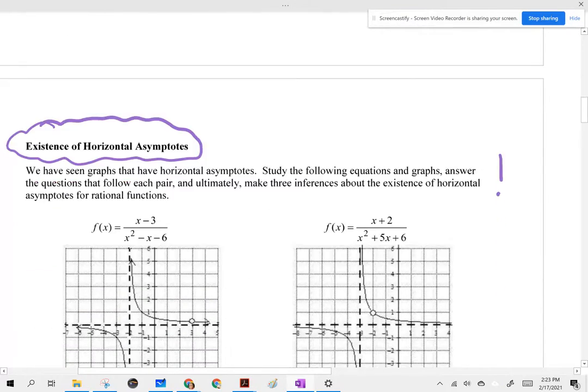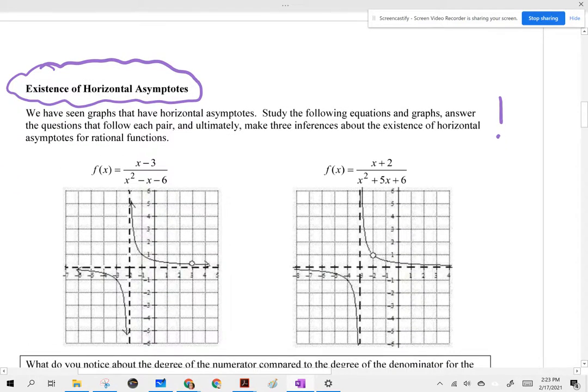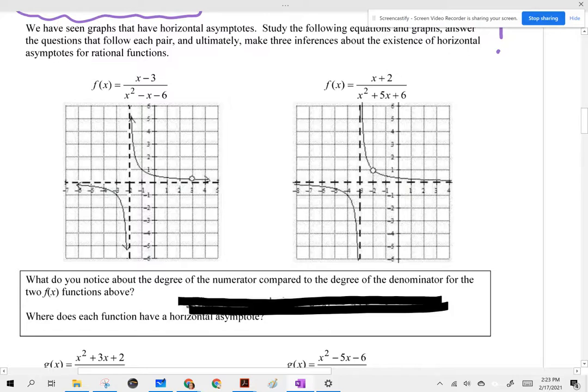Now we're going to talk more in this lesson about horizontal asymptotes. When do you have them and when do you not? So we've noticed that we've had some horizontal asymptotes, but right now we want to be able to look and see what kind of connections we can make. So here are two functions, and it says, what do you notice about the degree of the numerator compared to the degree of the denominator for those two functions above?